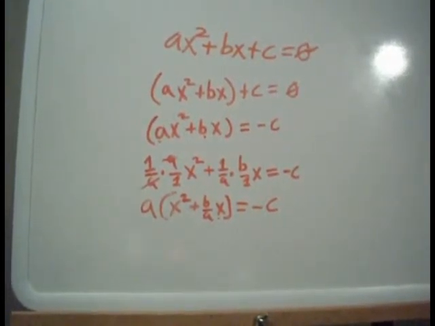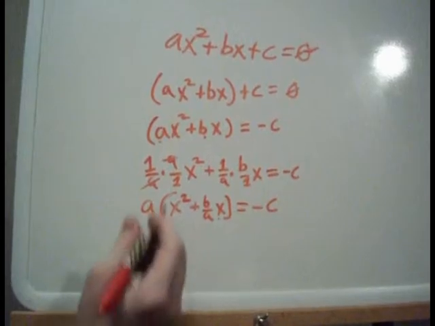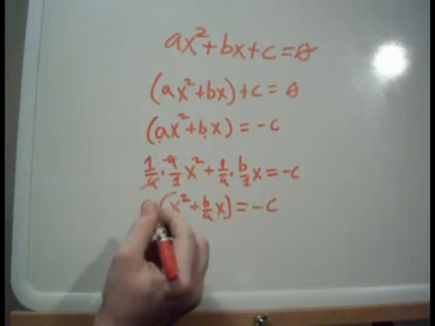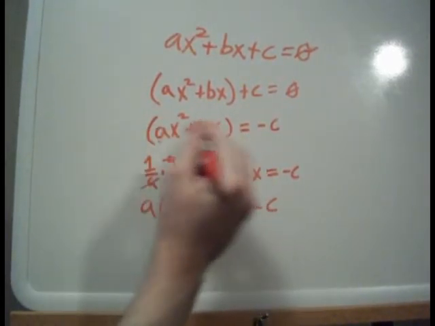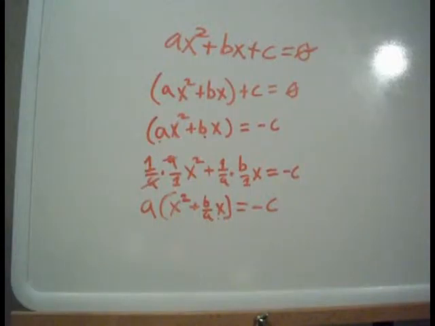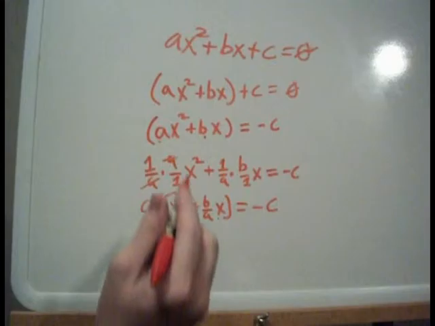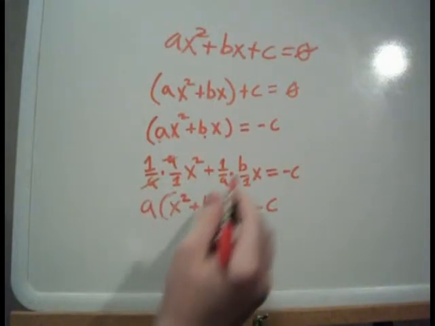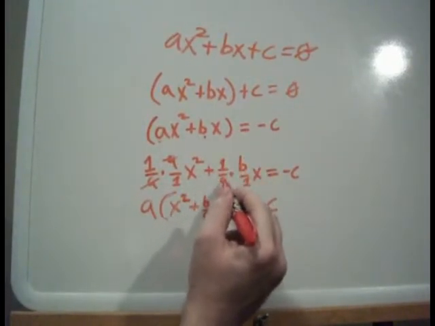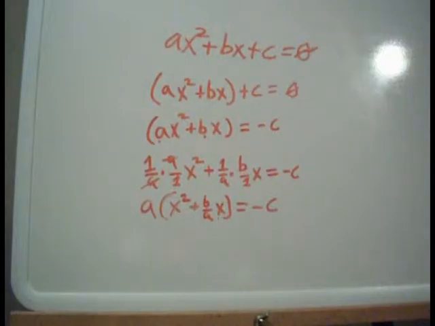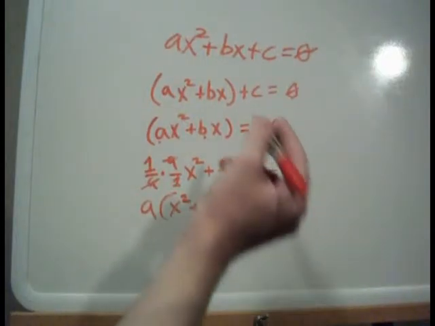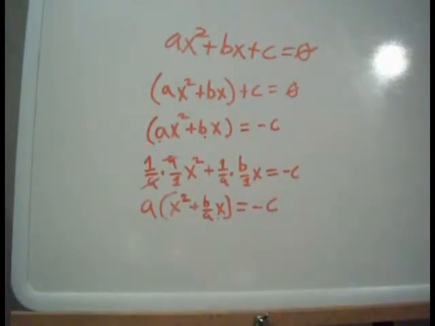Good, you can see all that. So what we've done is extract the coefficient a out of this whole equation right here. And that's why we have b over a, because b times 1 is b, a times 1 is a. And there you go.